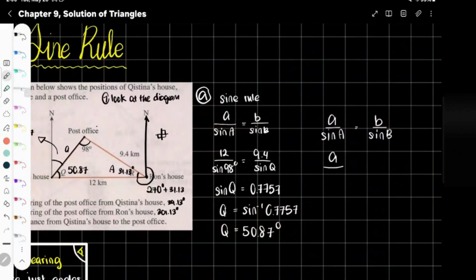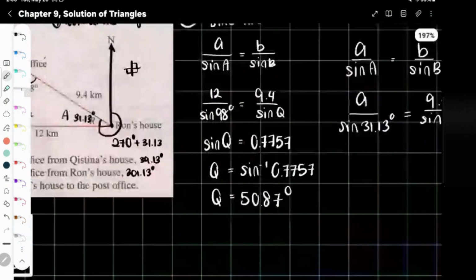We do not know what a is, but we do know sine 31.13. And then b, we can choose any side here. So I'm just going to choose the 9.4, and then sine 50.87.